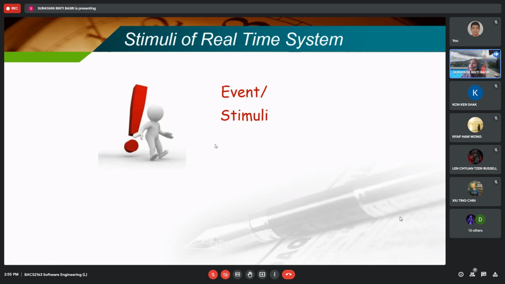Okay, so we will learn about the stimuli of the real-time system. The stimuli are the external events or triggers that will trigger the action of the real-time system.